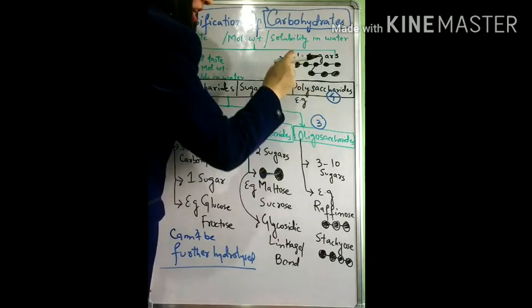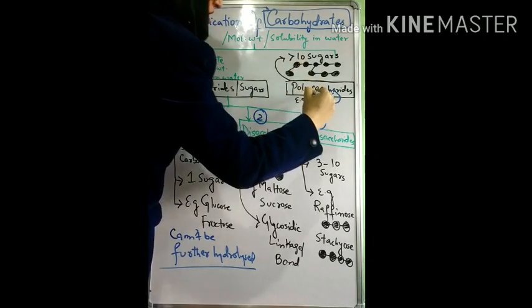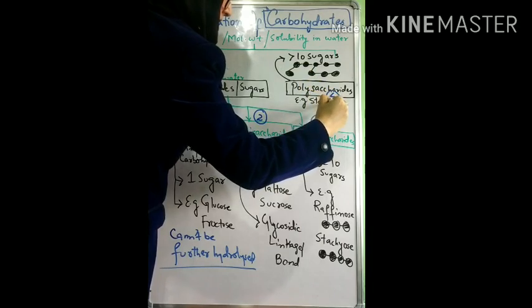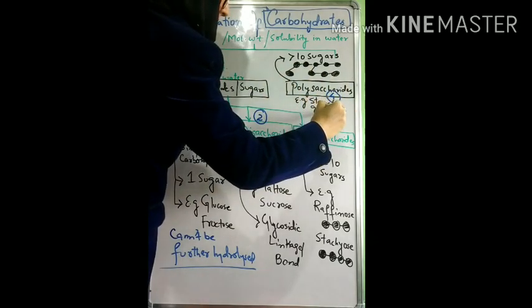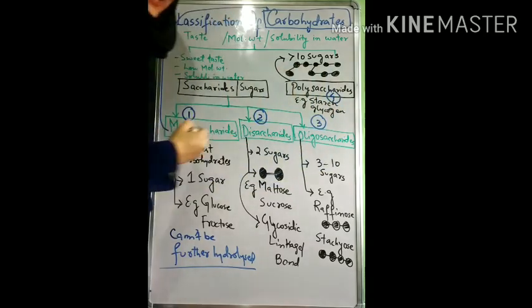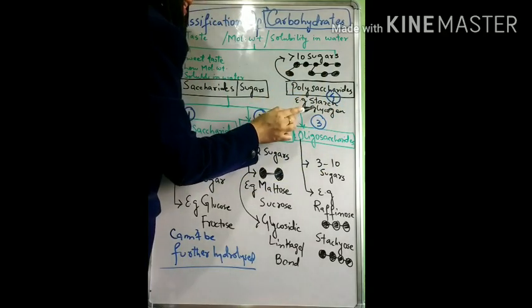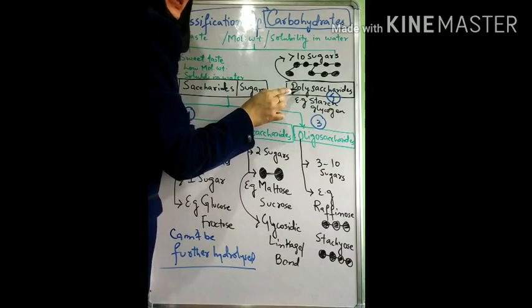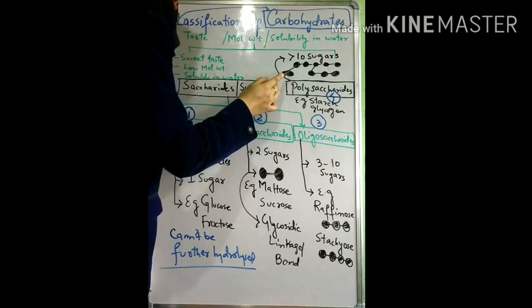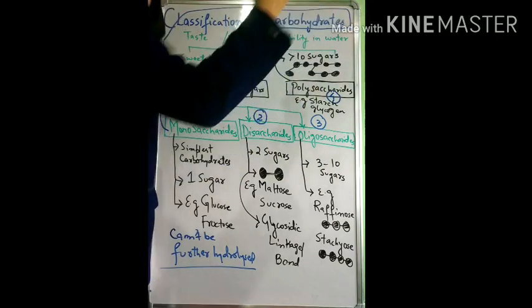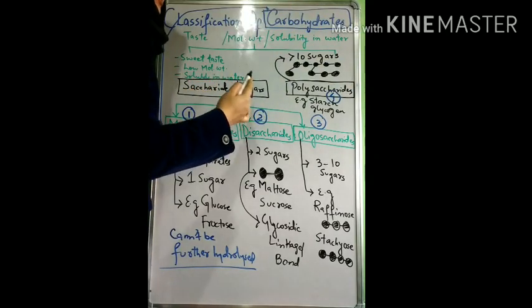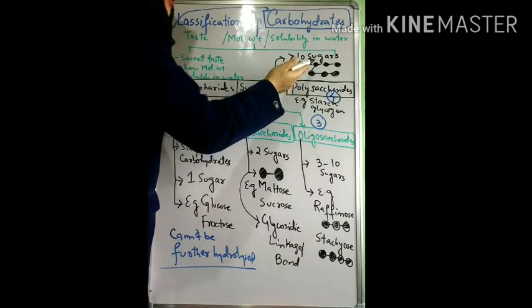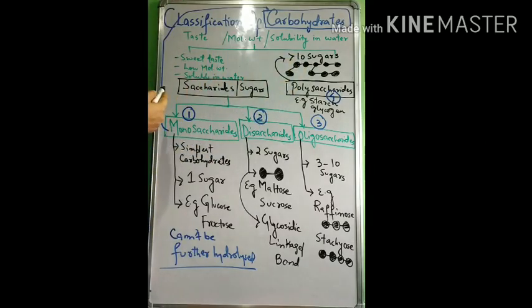Example of such a compound which shows this type of structure is starch in plants and glycogen in animals. Starch and glycogen are the 2 examples of polysaccharides, which are actually long polymers, long chains of glucose. And they are not only chains, they have even branchings at the different places.